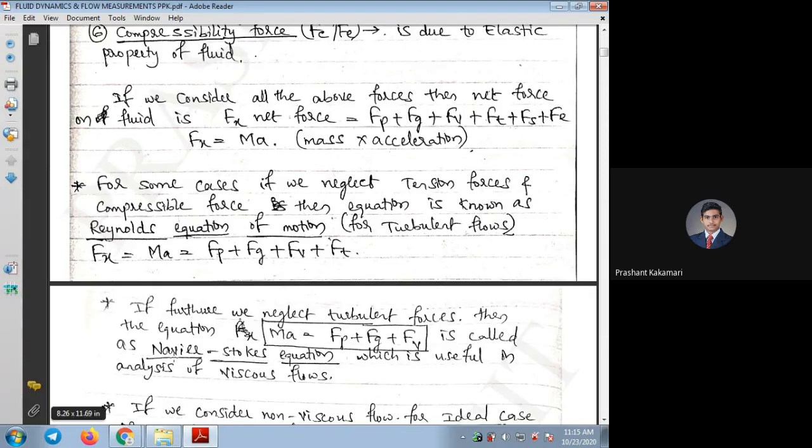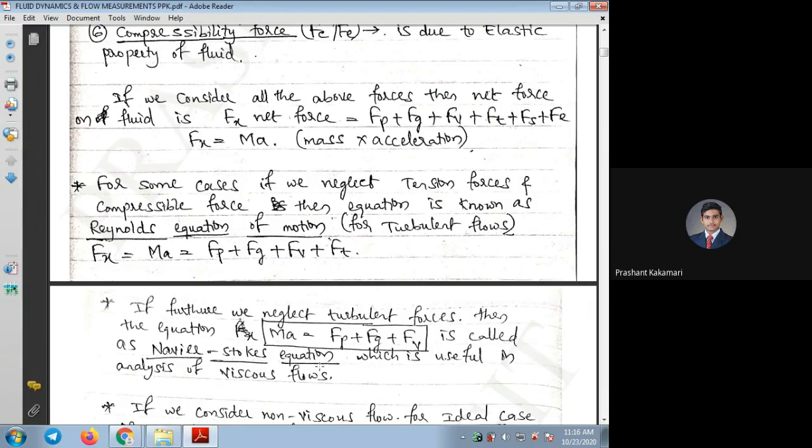This equation is very important for your aeronautical field. This Navier-Stokes equation is the generalized equation. In detail, you are going to study it in CFD or other subjects of your aeronautical subject. So this is going to be used in many applications of Navier-Stokes equations, where the fluid is moving on the given bodies, or the body may be moving with the fluid in stagnant condition.